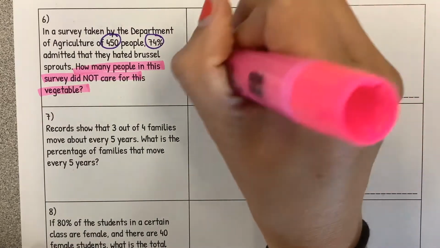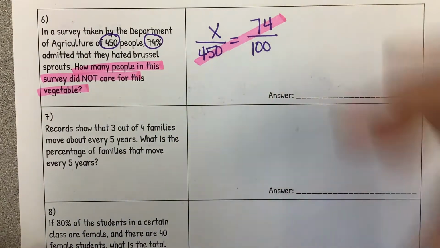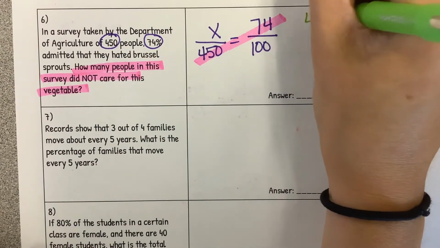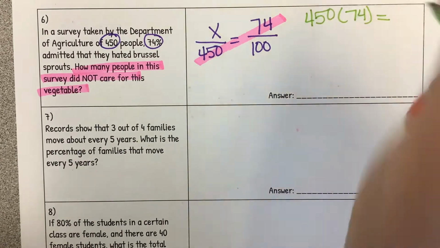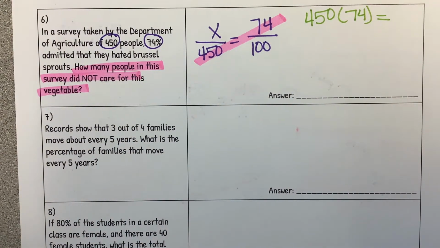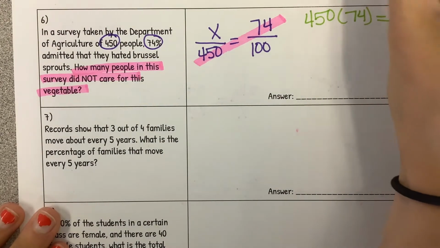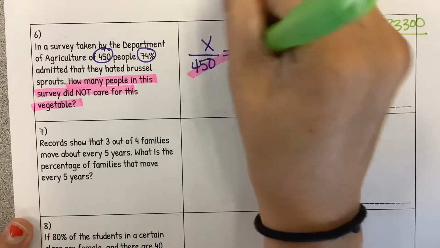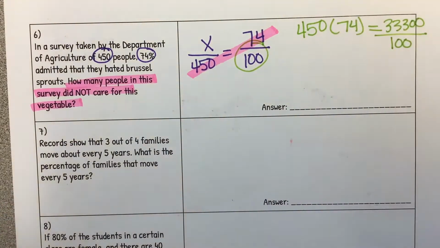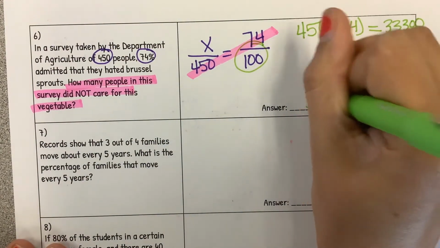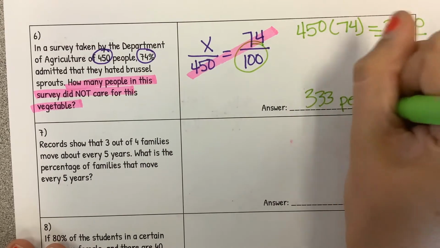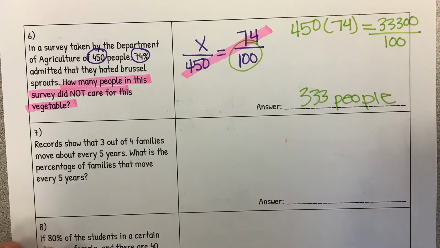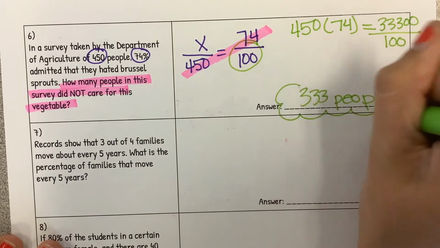And we can solve. 450 times 74 is 33,300. Divide by the number in the same diagonal as the variable, so divide by 100, and we get 333. We were talking about people. You could say people did not like Brussels sprouts if you want to be more specific.